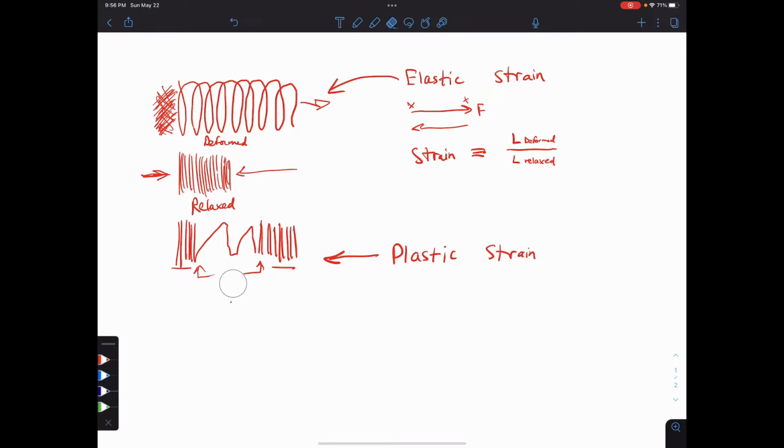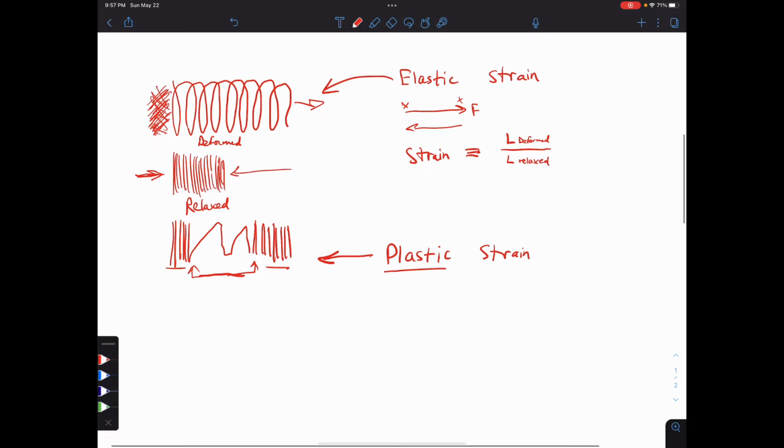The reason we call it that is that the material is getting kind of malleable and squishy, like imagine warm plastic or something, versus something made out of metal that springs right back. So metals have a plastic range and an elastic range.